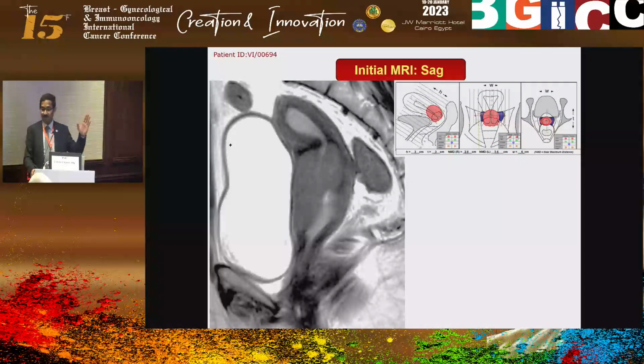This is a sagittal section. Here on T2 weighted image, you can appreciate a large tumor, which is high signal or isosignal intensity. But what you see at the top, the dark part here, can you appreciate this dark part? That is nothing but normal cervix.